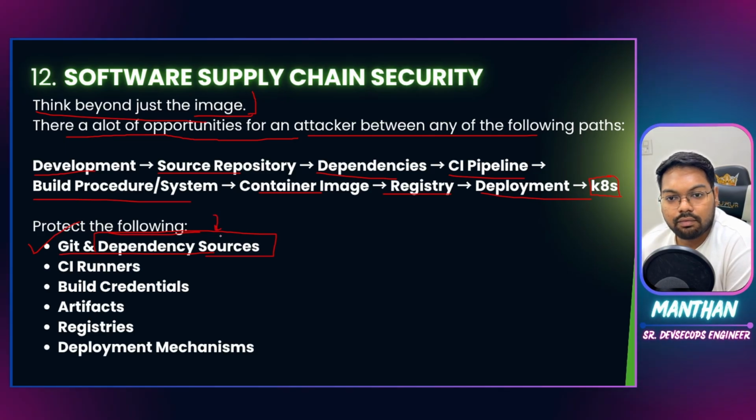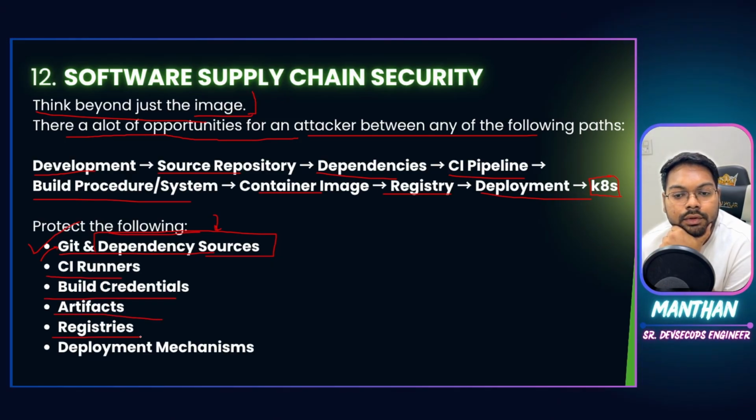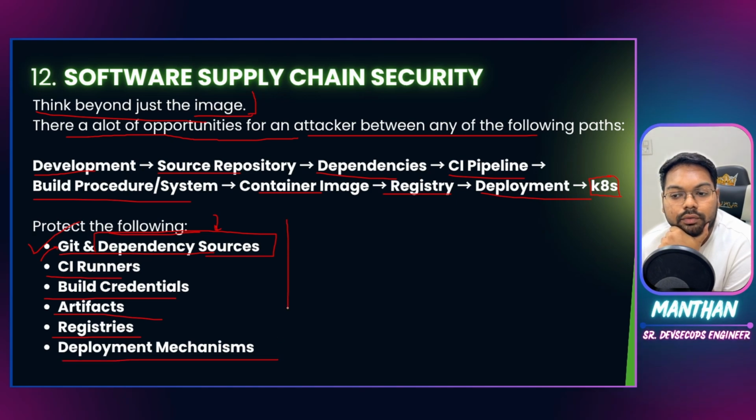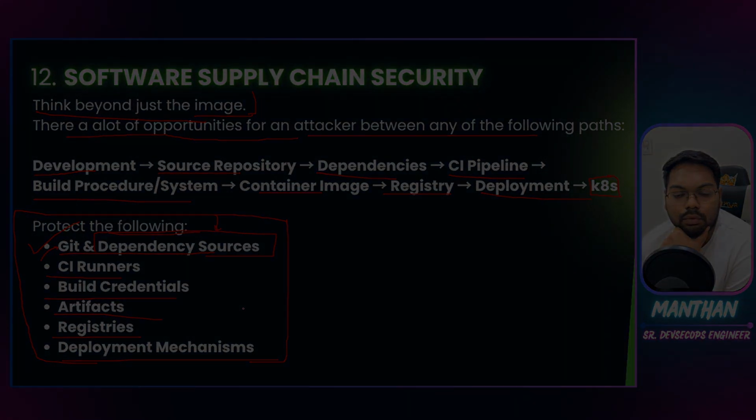Are these libraries safe or not? And whatever code you put in your Git repository should be protected. Then CI runners, build credentials, artifacts, registries, and deployment mechanisms. All of this should be secured. That's why I said this is a part of supply chain security that you need to take care of.